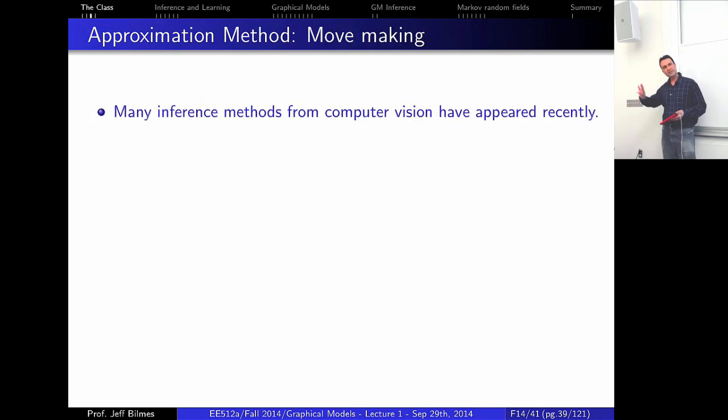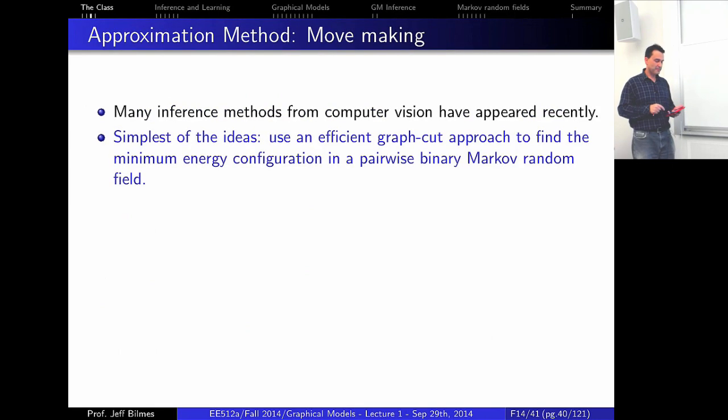On the other hand, there's an alternative inference paradigm, if you will, which primarily has come from computer vision, but also comes from combinatorial and discrete optimization. And that basically corresponds to things like move-making strategies.